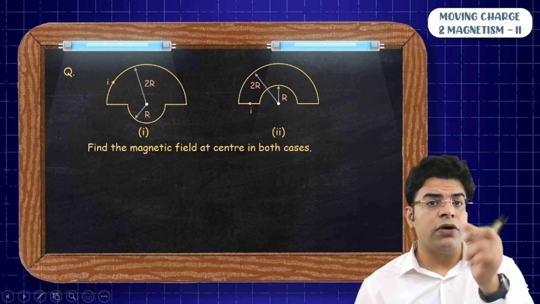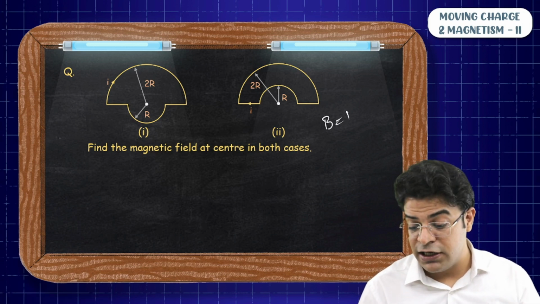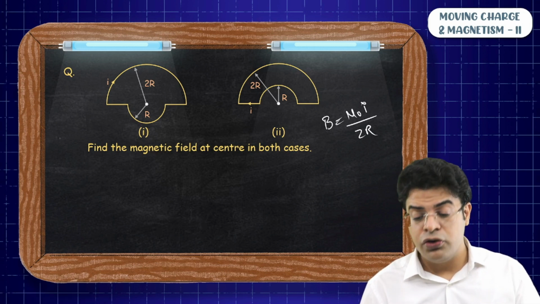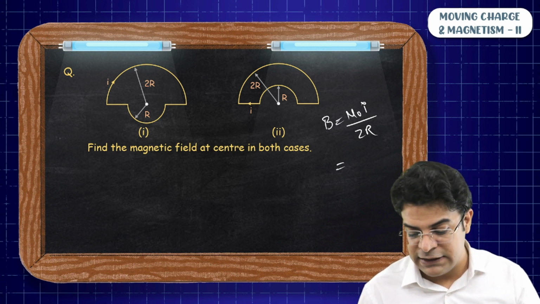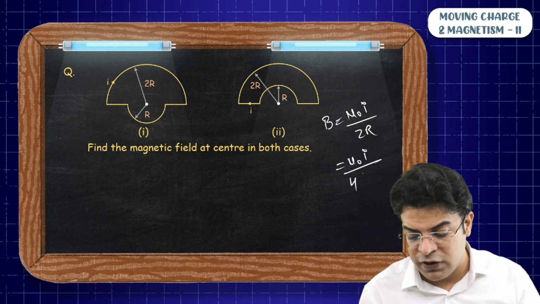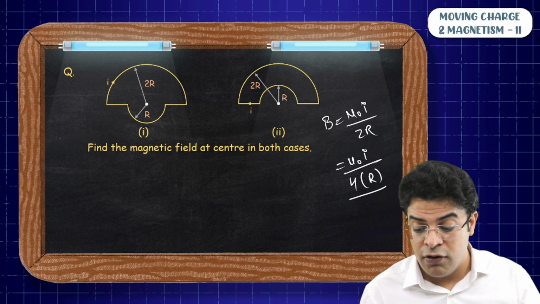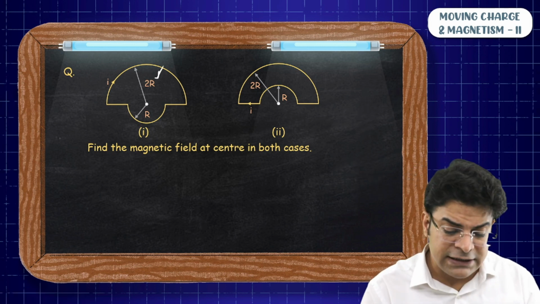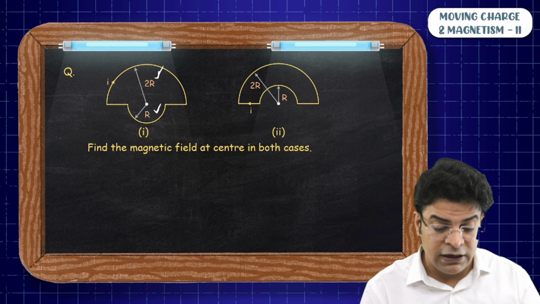We know that due to a complete loop, the strength of magnetic field at center is mu naught I by 2r. So due to a half loop, the strength of magnetic field at center will be mu naught I by 4 times the radius of the semicircle. Now this bigger semicircle has radius 2r, while the smaller one has radius r.